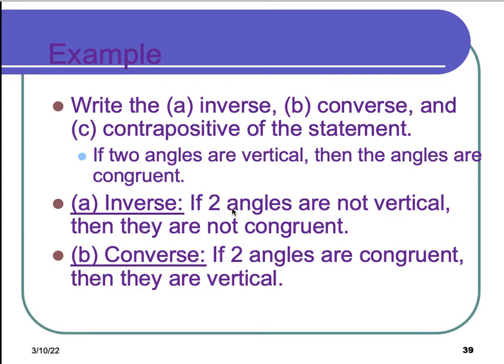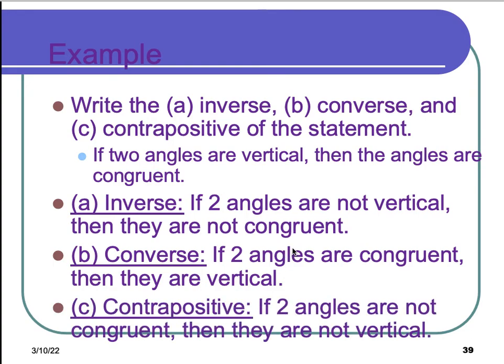So in the inverse, I negate the hypothesis and conclusion. In the converse, I switch the conclusion and hypothesis. Then in the contrapositive, I negate them, then switch the conclusion and hypothesis. So, if two angles are not congruent, then they are not vertical.